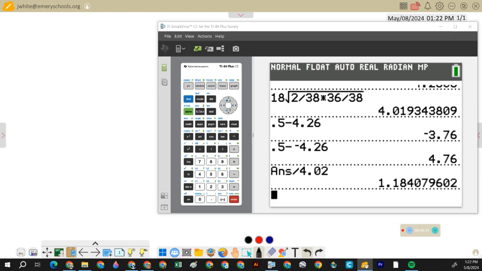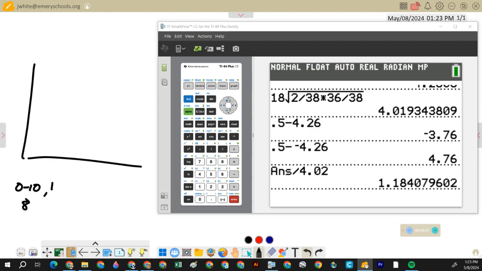Histograms. When we draw histograms, let's say I'm looking at dollar values, looking at the people and how much they make per hour. So 0 to 10 dollars, I have 8 people.